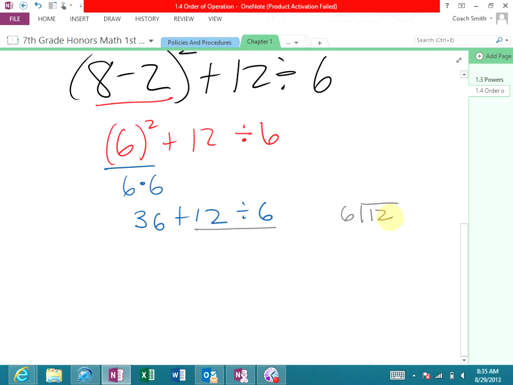Okay, 6 into 12 goes how many times? 2 times, thank you. So now I have 36 plus 2. Okay, now it's fairly simplistic because all we have left is a plus sign. We just finish it out with 36 plus 2 would be what? 38. Okay?